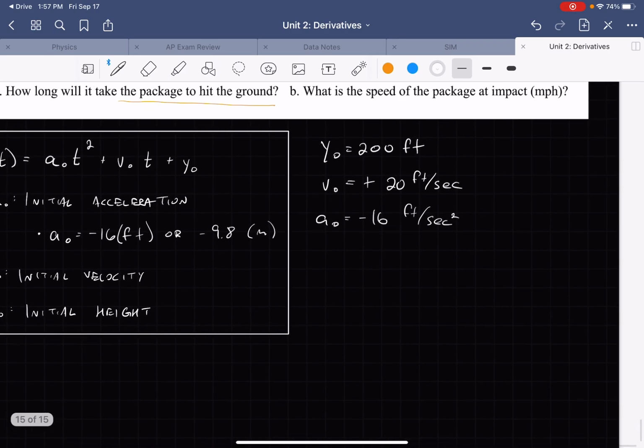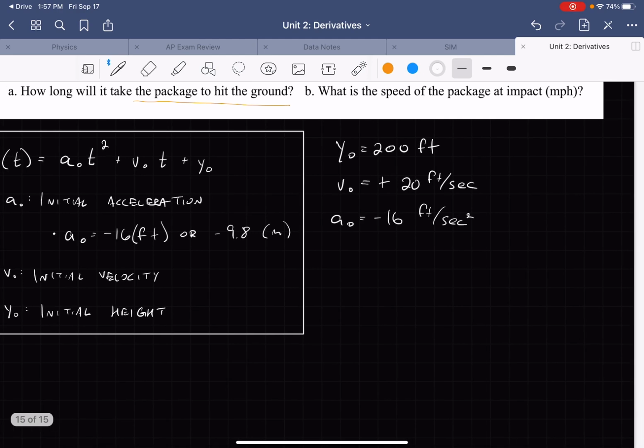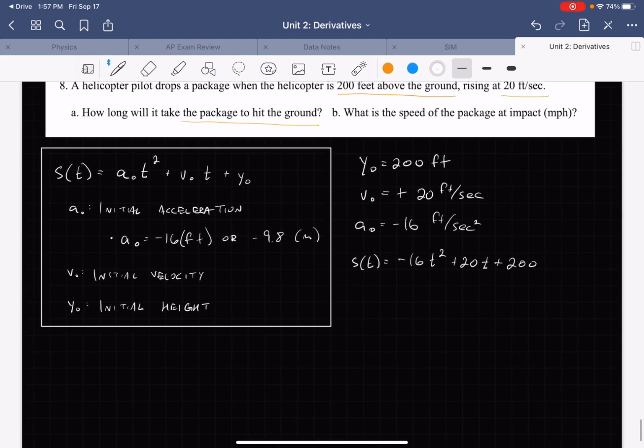So now we can use that to fill in the formula for S. So S of t is going to be A0 t squared, so that's -16 t squared plus V0 t. So initial velocity was 20, so we add 20, multiply that with t, and then you just have to add the initial height of 200. All right, so there is our equation.